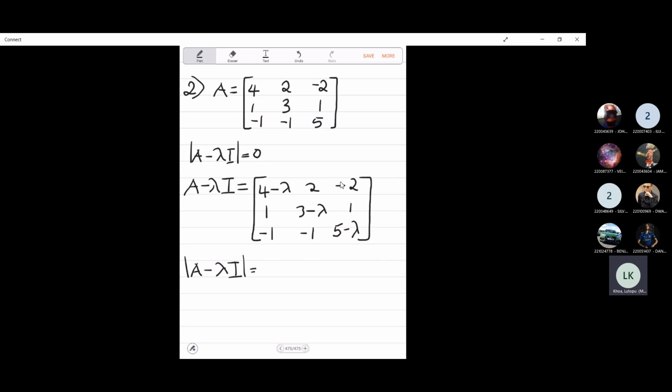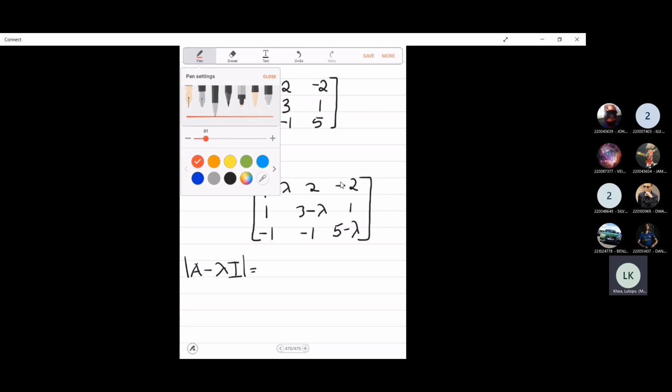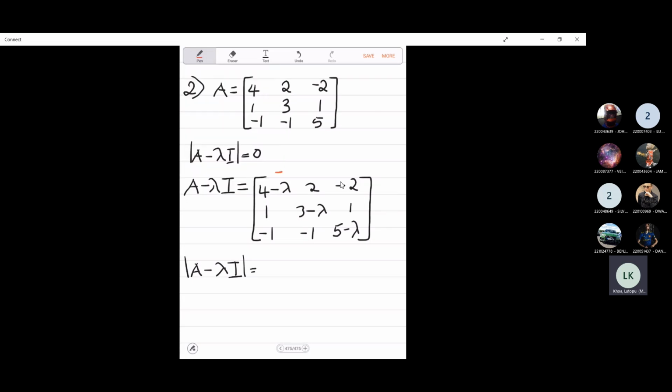So remember how we do it with the cofactors. The signs are positive, negative, positive, negative, positive, negative, positive, negative, positive. In working out the determinant, you can go along any row or any column as long as you keep these signs in mind. So we'll go along the first row.